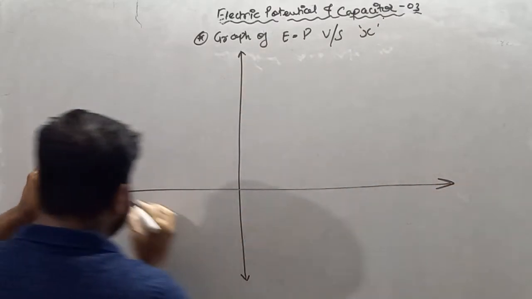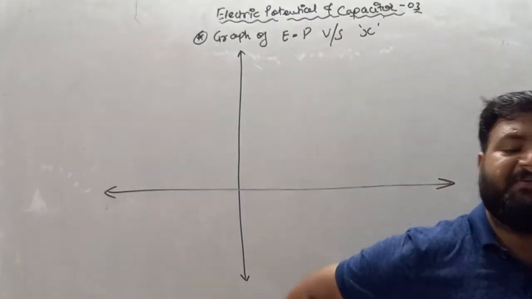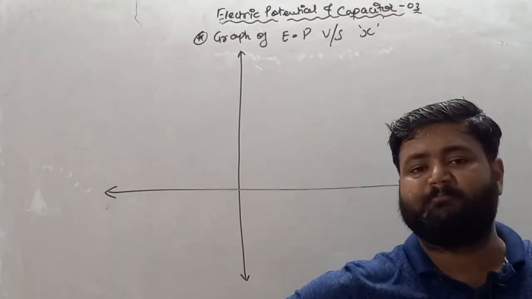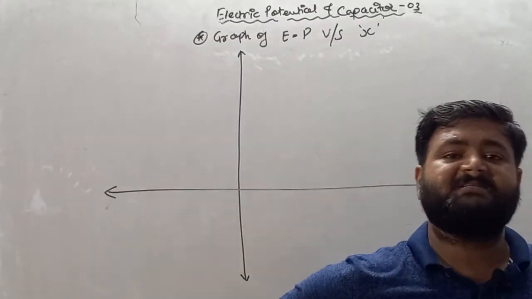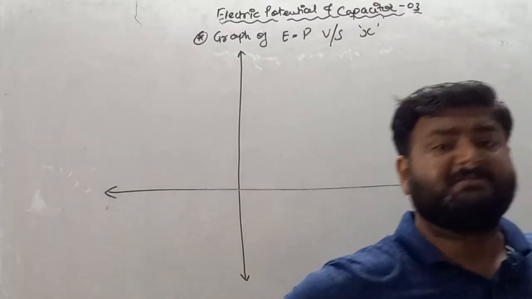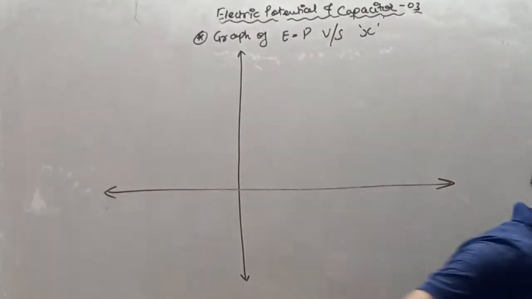So ring carries positive charge as well as negative charge, and we know that if we are discussing electric potential or electric potential energy, then charge is considered along with sign. So we'll make graph for both positive charge as well as negative charge.